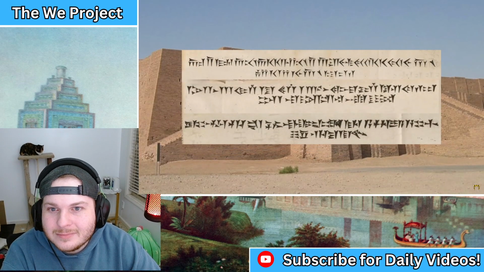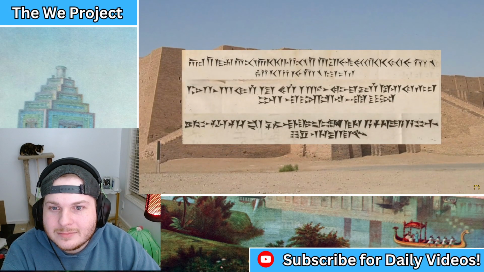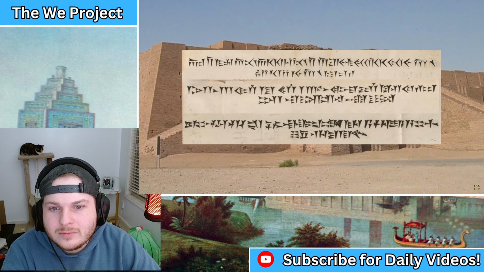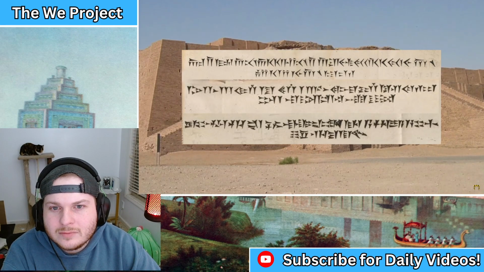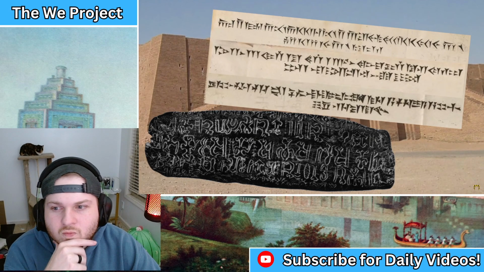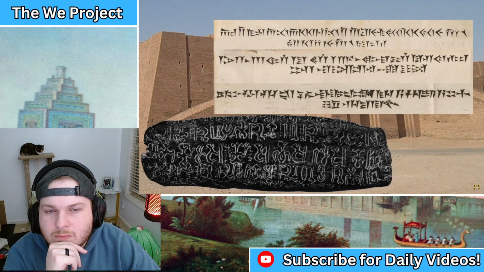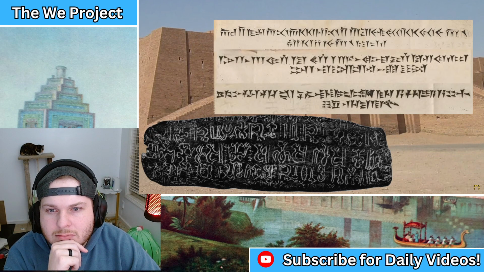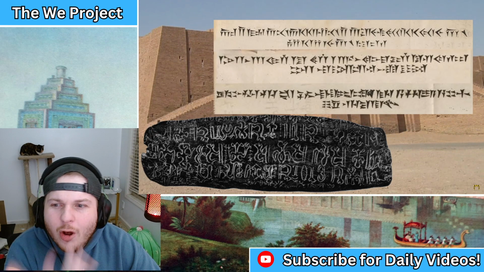Cuneiform, for example, the oldest writing system in the world, has been successfully deciphered through a long and laborious process. So what we should really be asking is, what separates the Rongo scripts of the world from the cuneiform scripts of our world? Or in other words, instead of asking how you decipher a script, maybe ask if a script is decipherable in the first place.